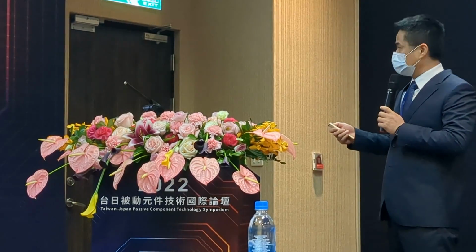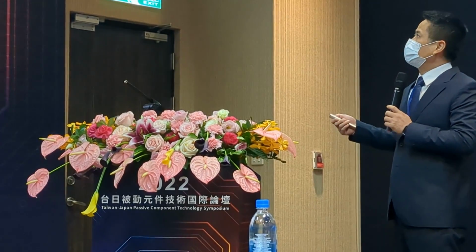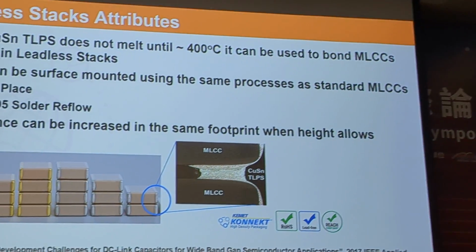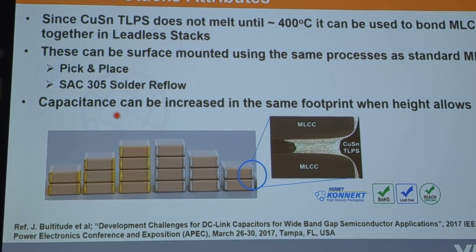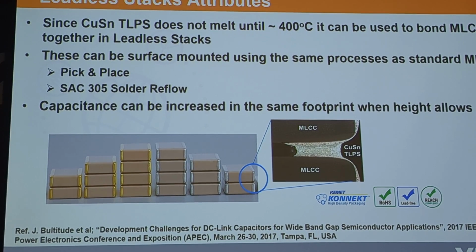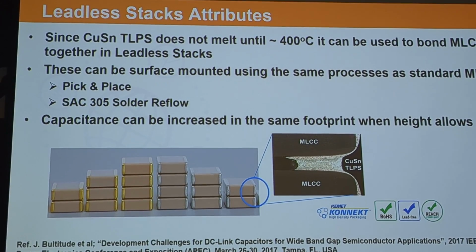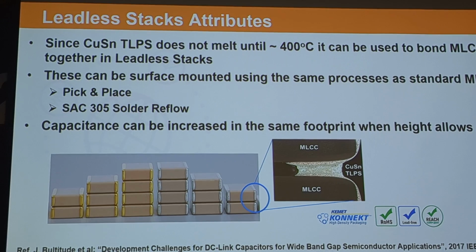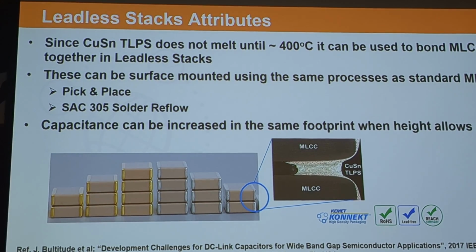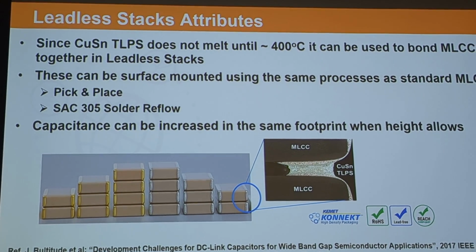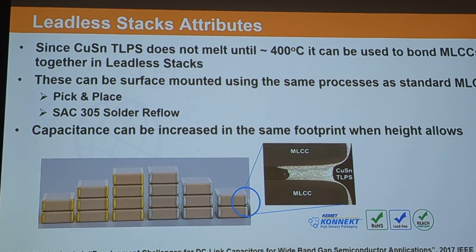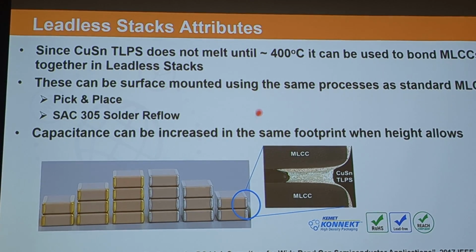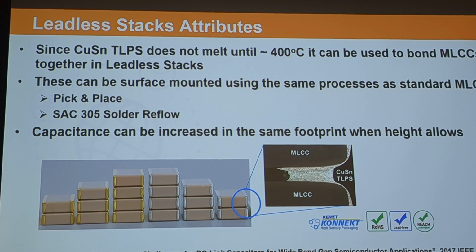We can also use the conventional solder reflow process, the SAC 305 solder reflow profile. So it's pretty similar. Nothing should be changed. Just use the conventional SAC 305 reflow profile. And this is the interconnect, how it looks like.